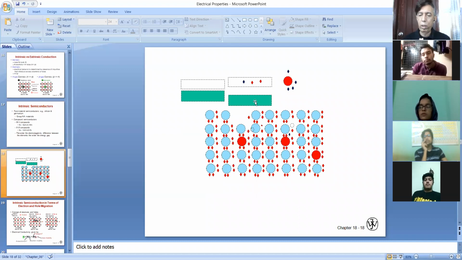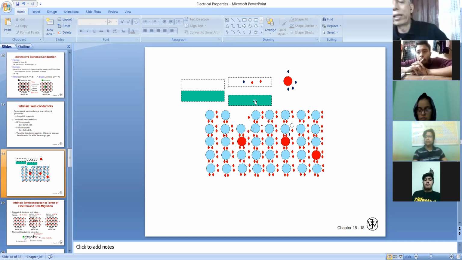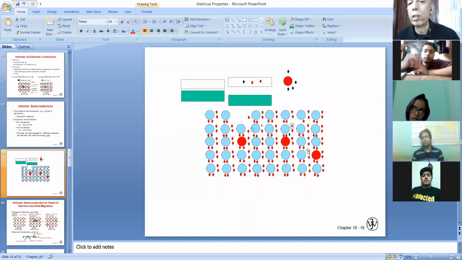Okay. Now, electrons can carry the electricity, and hole also can carry the electricity. How can it carry the electricity? You see, this electron falls into this hole, and this hole goes to here. Now, this electron falls into this hole, and this hole comes here.